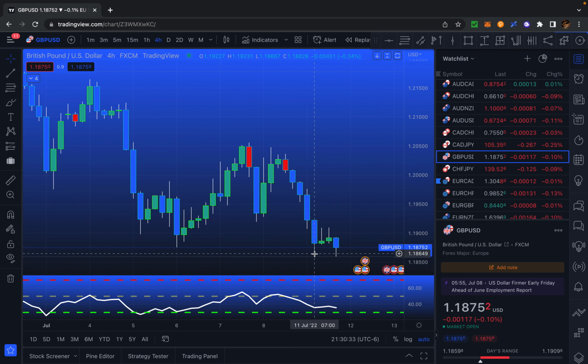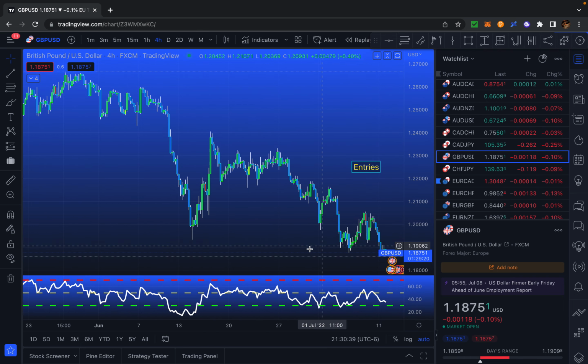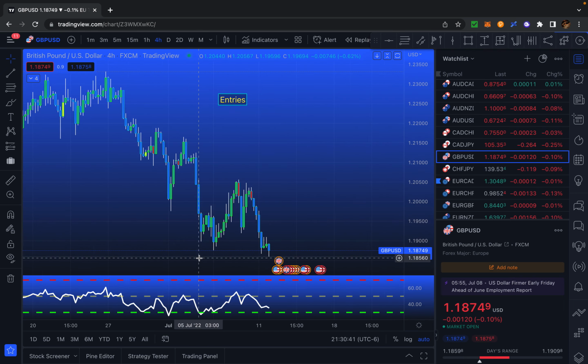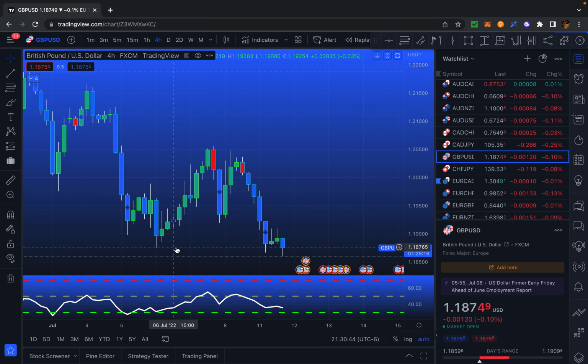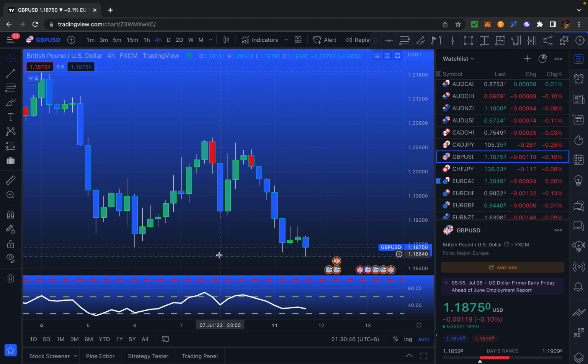Does it make sense for me to put in a buy right here? Looking at the market structure, having seen that we just put in a brand new low, it probably doesn't make a bunch of sense. I mean, it doesn't mean it's not going to go up, but it doesn't make a lot of sense based upon market structure. So you want your entry to make sense.